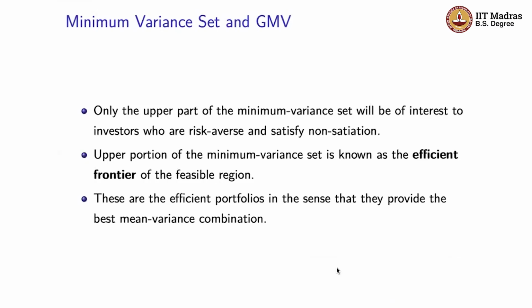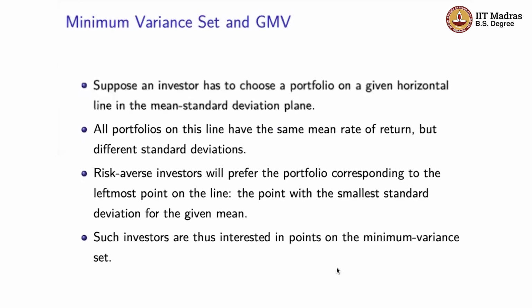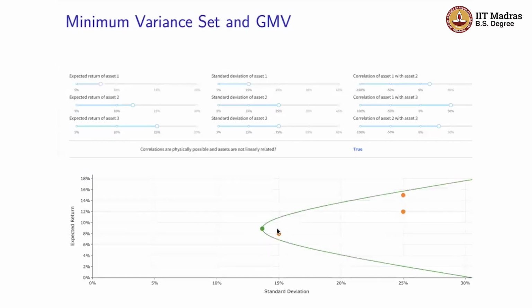If we now go back and think about it, you have got these points. We have already argued that if you dislike risk, these are the only set of points that you want to consider. But now we are going even further and saying that suppose you have a choice between this and this, you would always prefer this, because both these points give you the same standard deviation, but this one obviously dominates in the sense that it gives you a higher expected return.